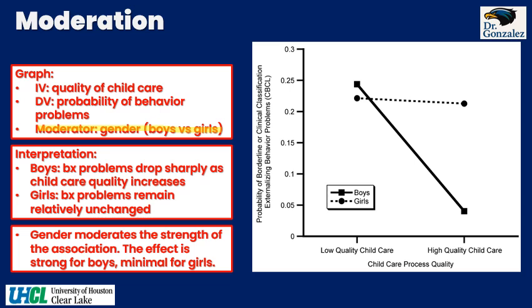When you go from low quality to high quality, those behaviors decrease. So boys are behaving better when the quality of the childcare increases. But in girls, it doesn't appear that quality has much to do with it. So gender is moderating the effect there. It's stronger for boys and minimal for girls.